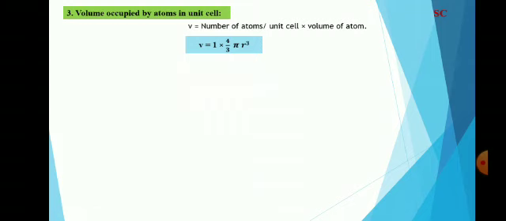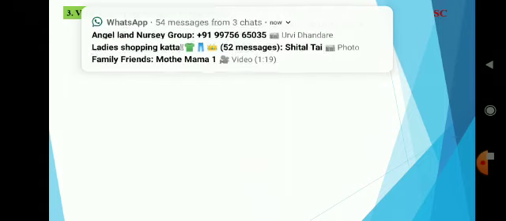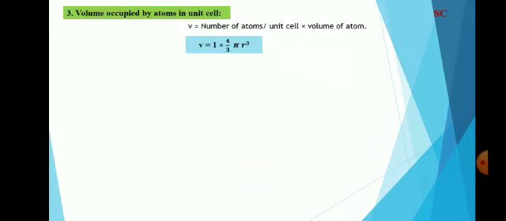So V is equal to 1 into 4 by 3 pi r cube. The volume of an atom is known, that is 4 by 3 pi r cube. So this is equation number 3.